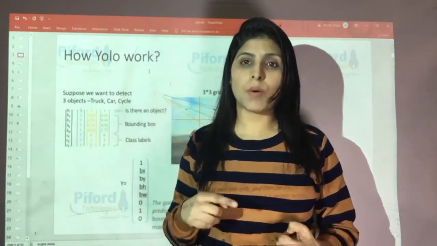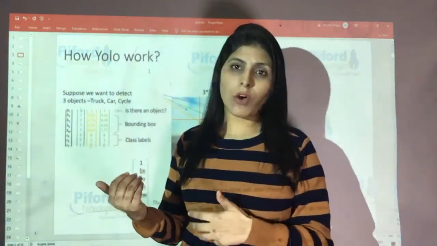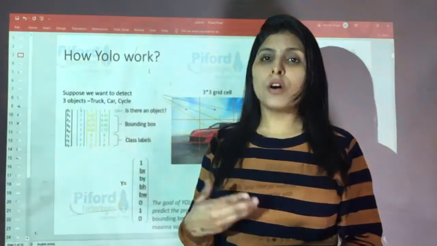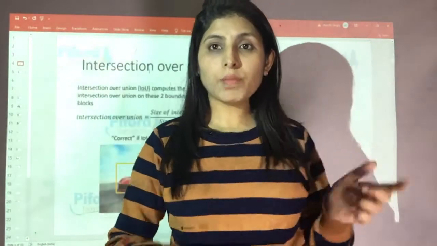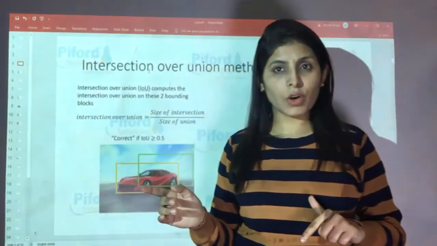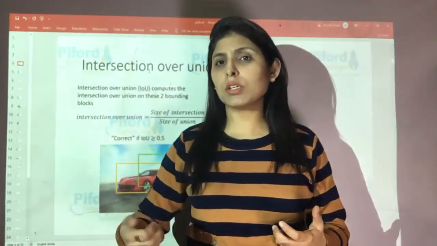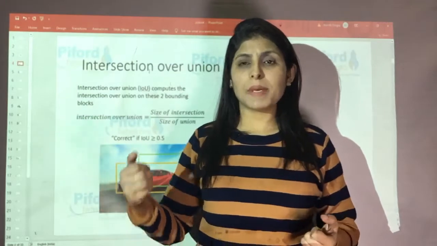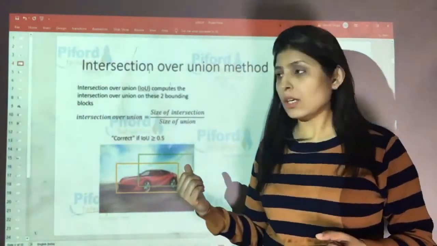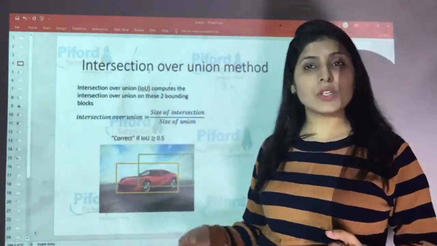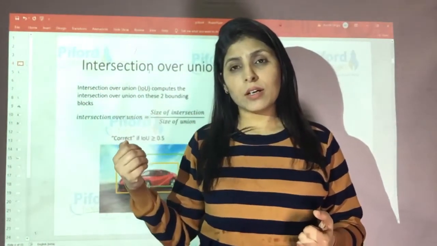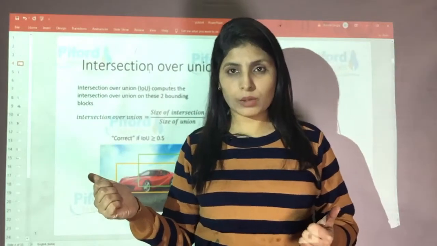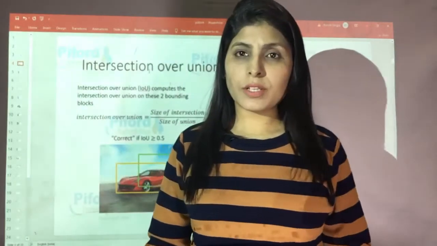These are the coordinates of the bounding box. This is how the YOLO algorithm works on any object detection task. After that it performs non-max suppression on it just to get improved results, right? Basically this intersection over union is a loss function by which we are finally getting the correct results. So this is how the YOLO algorithm works.